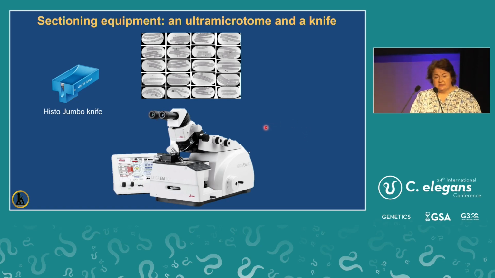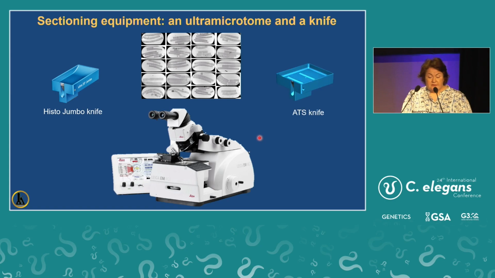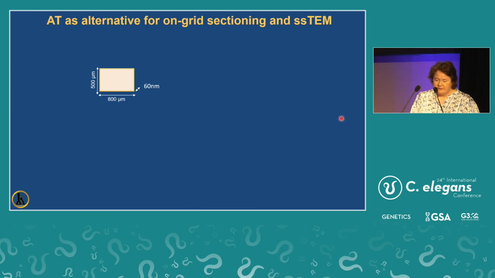Since they published the technique, different other techniques emerged. I use a slightly different knife, but the idea is the same, and instead of glass slides, I use bits of wafer.